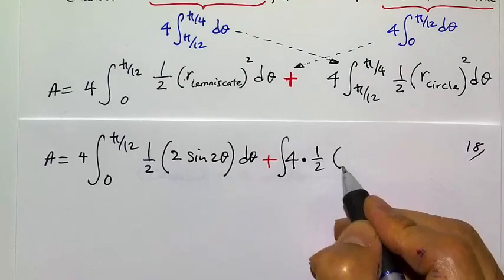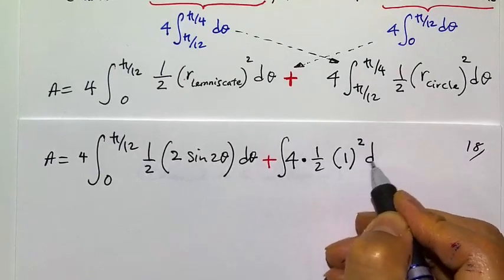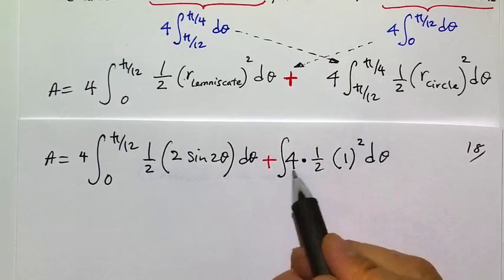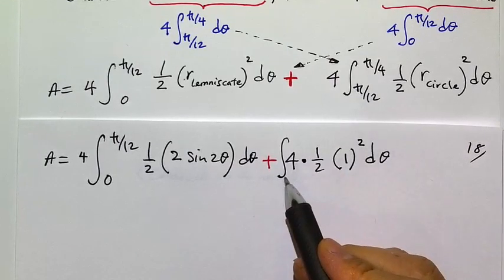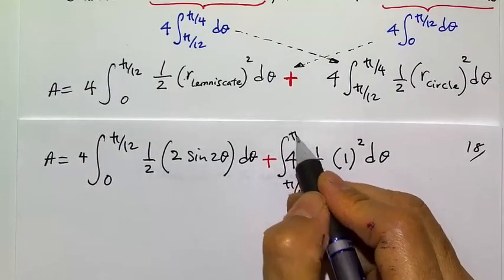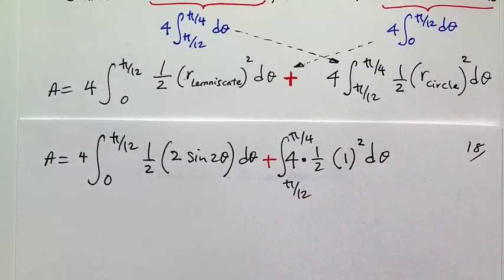So all we have to do is 1 squared d theta. And of course, the limits of integration for this piece are pi over 12 to pi over 4. Okay, like that.